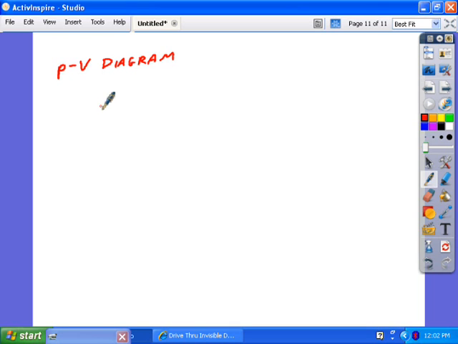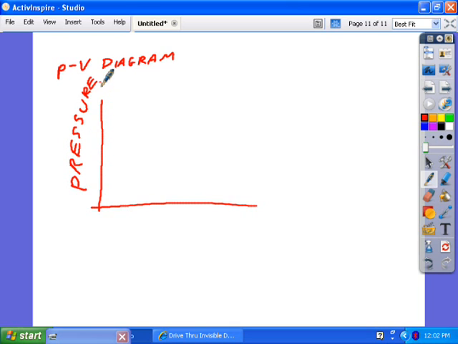A PV diagram, well, it's a diagram or a chart which has pressure going up the vertical axis and volume going across the horizontal. All right. Now, the reason that I jumped straight from work into thermodynamics is that this is actually going to have a solid use from one end to the other.